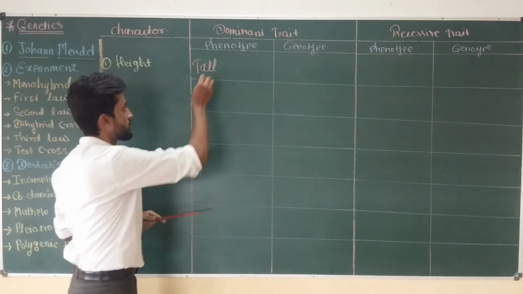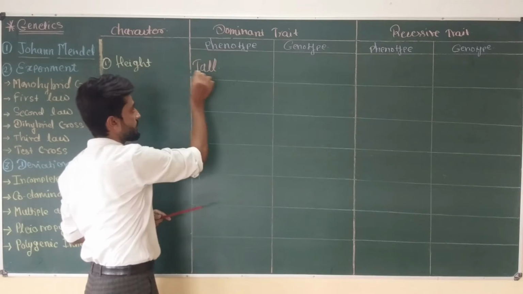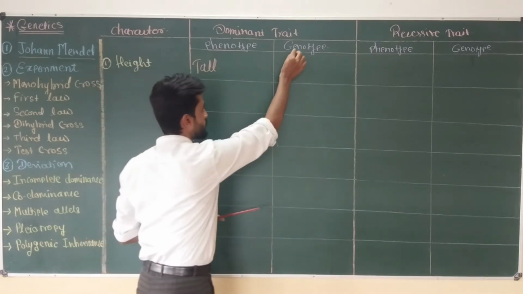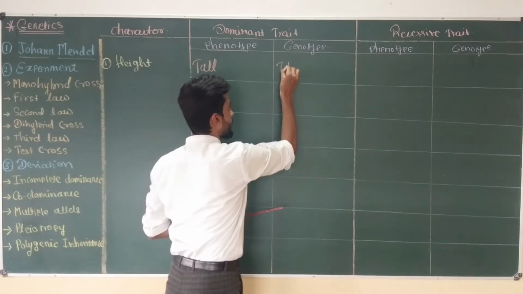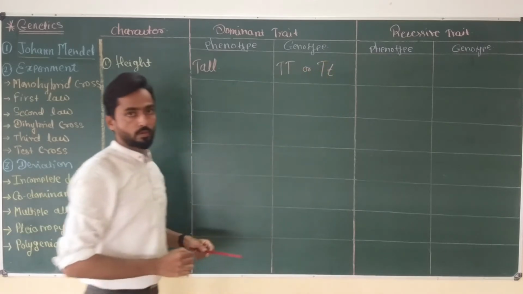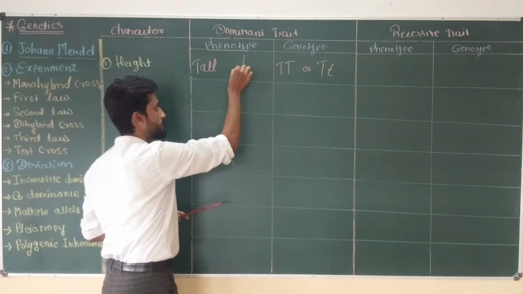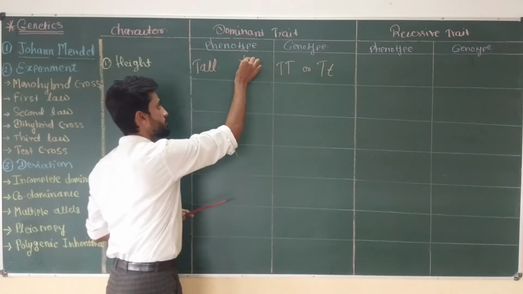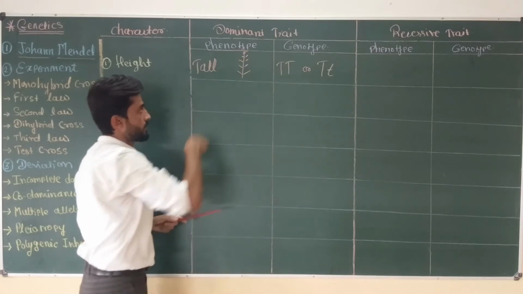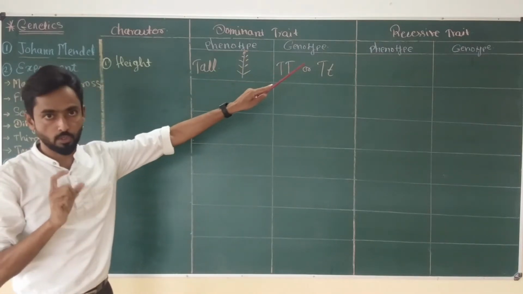Okay, so the phenotypic appearance of dominating character height is tall, while its genotype will be capital T or capital T small t. As we know that if the plant grows tall, suppose this is the stem of the plant and the overall height of the plant is more when we compare it with the dwarf plant.